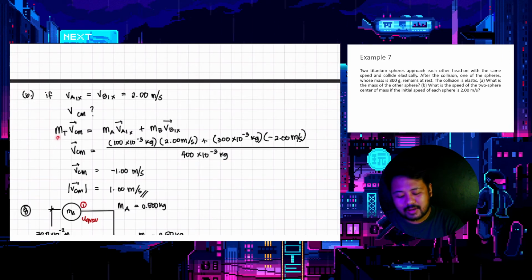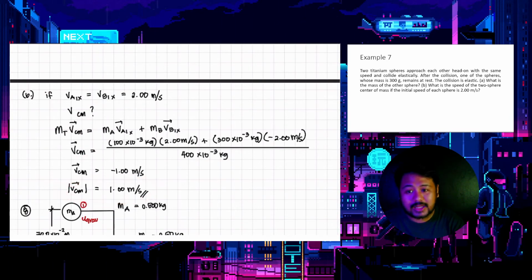So we will now have this one, the total mass times the velocity of the center of mass is equal to the momenta of the individual masses, ma va1x plus mb vb1x. We are after this one. What is the speed of the two-sphere center of mass? So vCM now, since this is just speed, the magnitude will give us 1 meter per second. That's how we go about letter B.